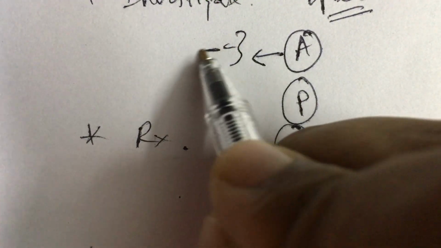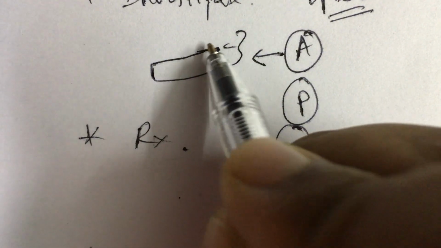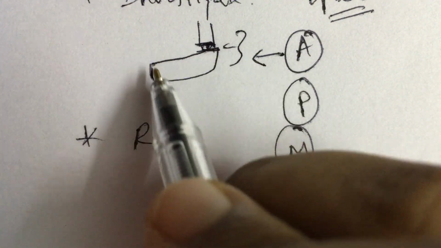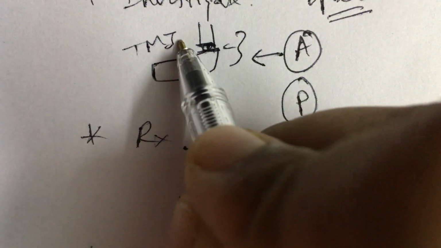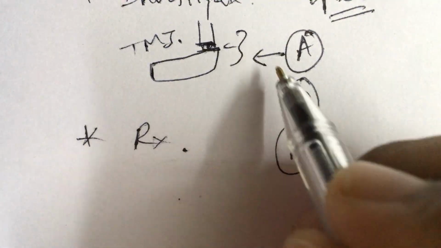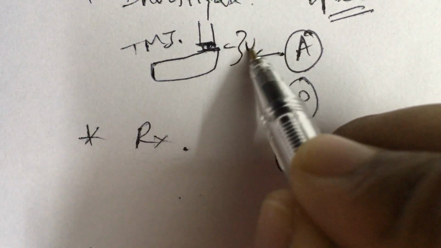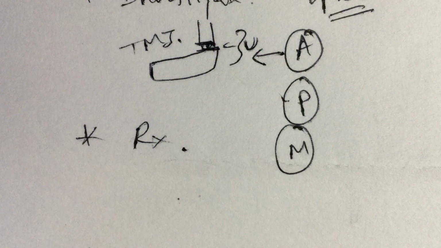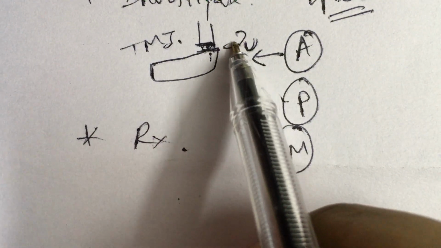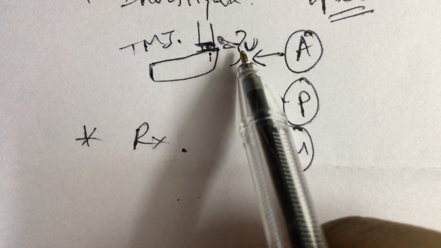In front of the ear is the jaw like this, and there's this temporal bone. So basically anteriorly it goes to the temporomandibular joint and causes a lot of pain, especially when the person is eating. Then behind the ear, that is posteriorly, there's the mastoid. So to the mastoid it will go posteriorly.